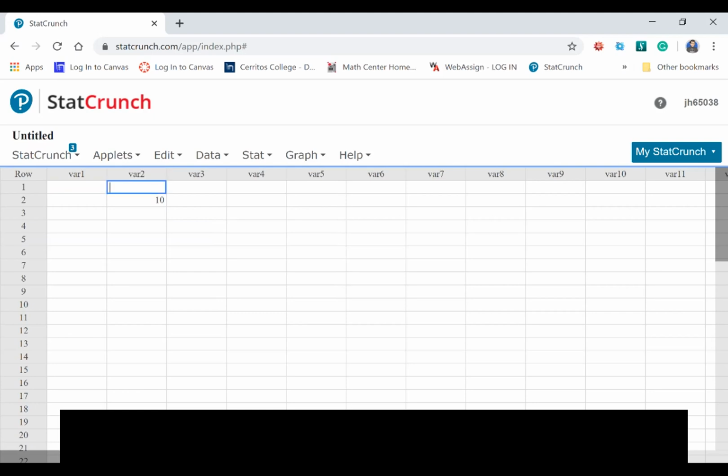Okay, let's try this again. So it really shouldn't matter though, like what's the row and what's the column. So I should have a 2 by 3, right? A 2 by 3 matrix. So let me do that again. So StatCrunch.